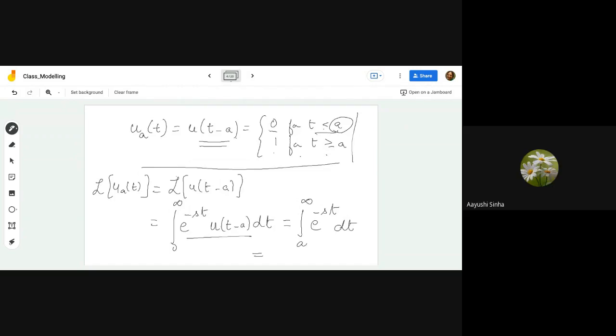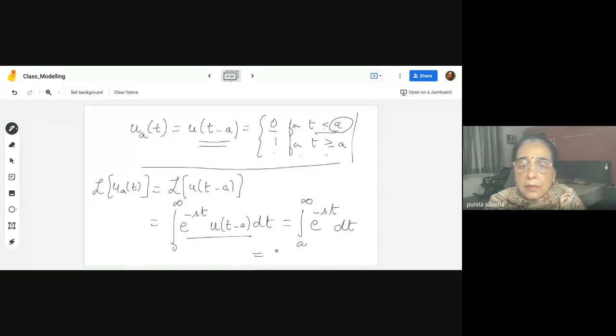e to the power minus st by minus s, with the limits being from a to infinity.